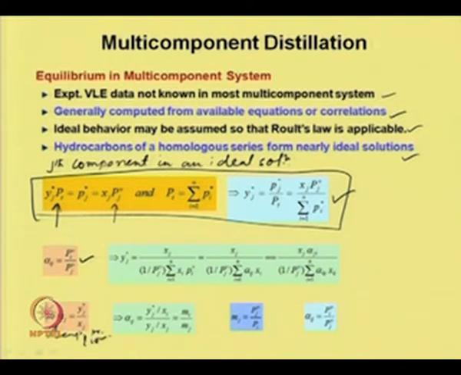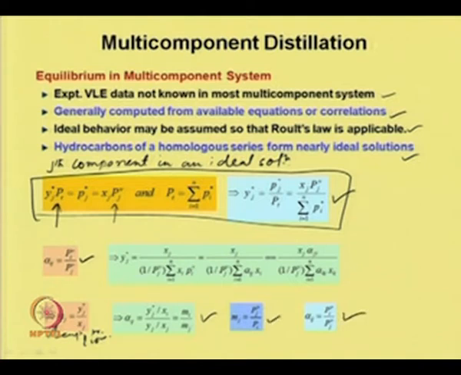And the relative volatility alpha ij would be equal to Yi star by Xi divided by Yj star by Xj, which would be equal to Mi by Mj. For ideal solutions at moderate pressure, M is independent of composition and only depends upon the temperature and the total pressure. So, Mj is equal to Pjv by Pt, and then alpha ij would be equal to Piv by Pjv.